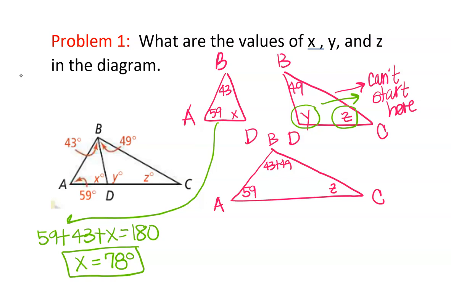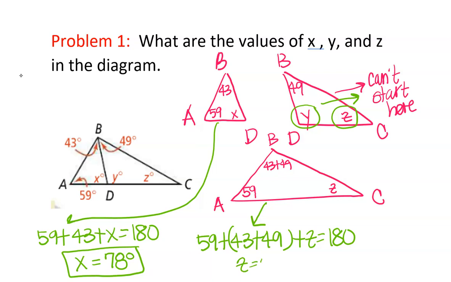And we can also start here, same thing, 59 plus 43 plus 49. You can do a total there if you want to, plus z equals 180. So I'm going to take 180 and subtract 59 and 43 and 49, and I get 29. And then I also have to go back and find the other.